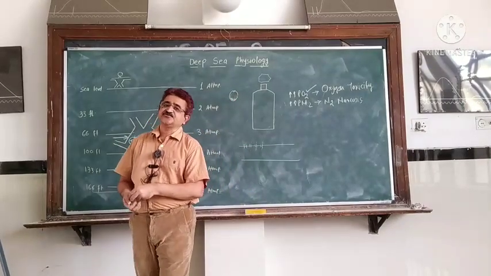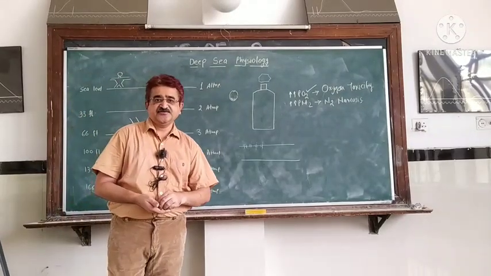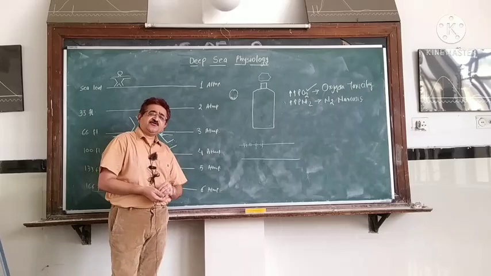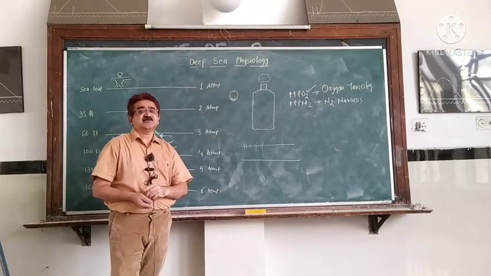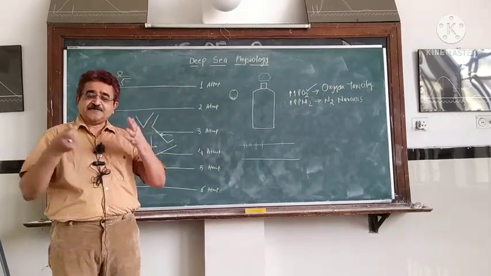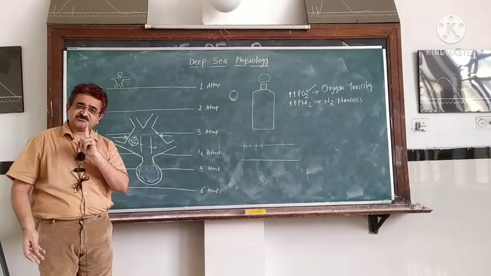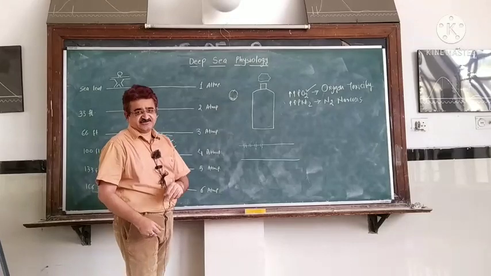Ultimately, he lands up in unconsciousness, coma, and death will occur. All these effects are developed because of the effect of nitrogen, and hence it is known as nitrogen narcosis. So this is what is happening when the diver is diving down: one, oxygen toxicity may develop, and the second, nitrogen narcosis may develop.